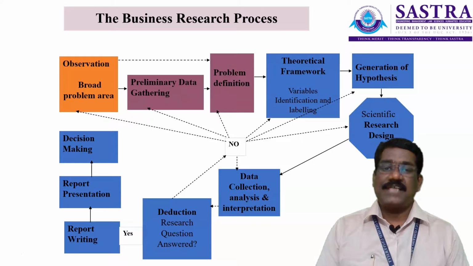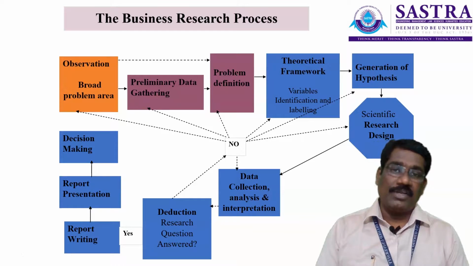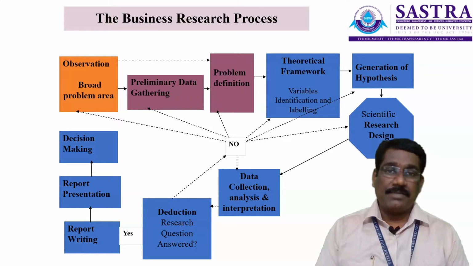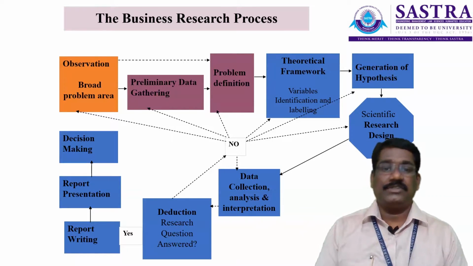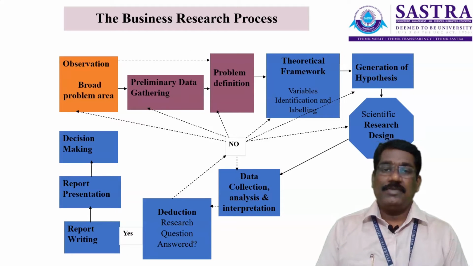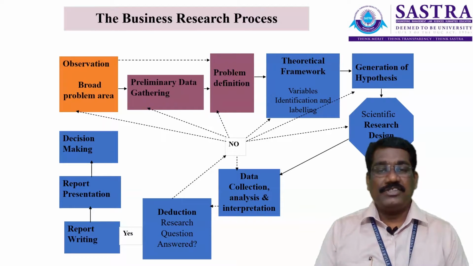Then he has to precisely define the problem. Then once he does the collection of information associated with the concerned departments and concerned stakeholders, he has to arrive at the theoretical framework. It means that you need to go for the variable identifications.